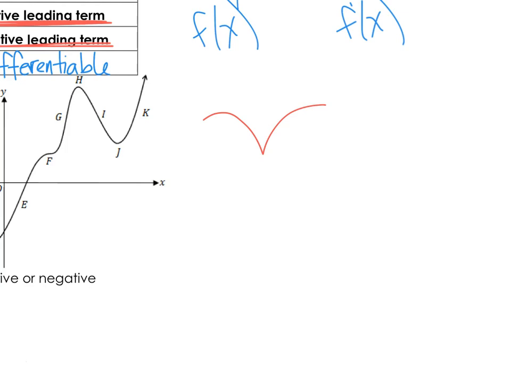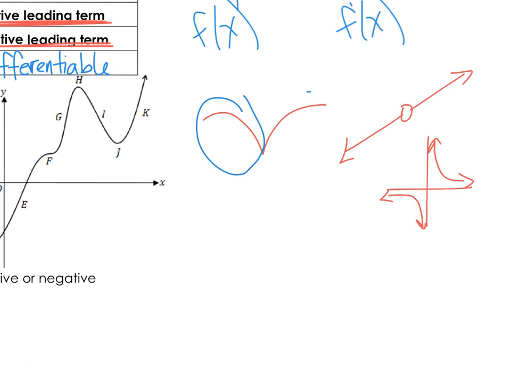A discontinuity. So if I have a graph that has a hole in it or an asymptote in it, okay, you can draw the graph for the derivative everywhere else. You can draw the graph of the derivative here and here, just not there because the derivative doesn't exist there.